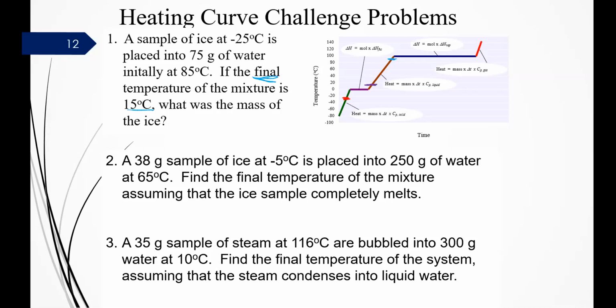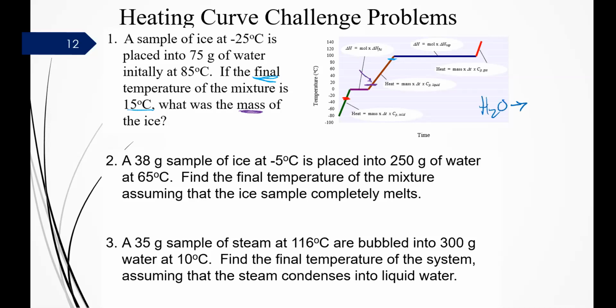If we're trying to get here at the end, they want to know what the mass of the ice is. So we have 2 options of where this is going to go. We have our water side. Now our water side is a little bit easy because our water is staying in the same state.